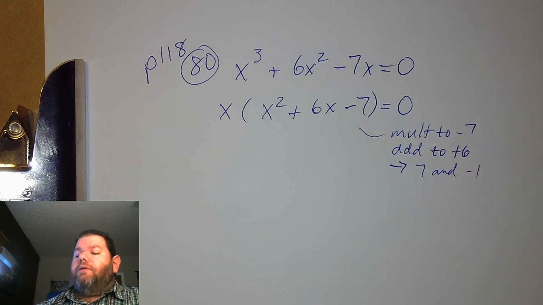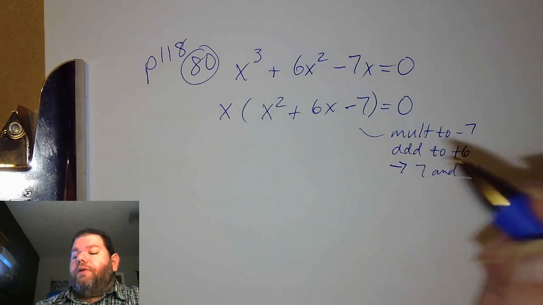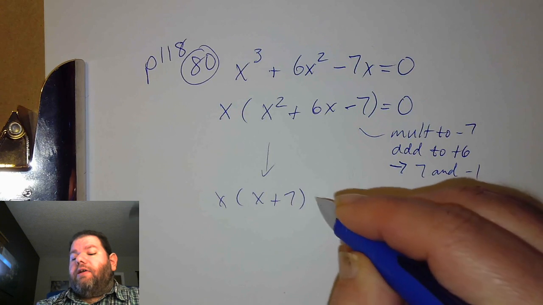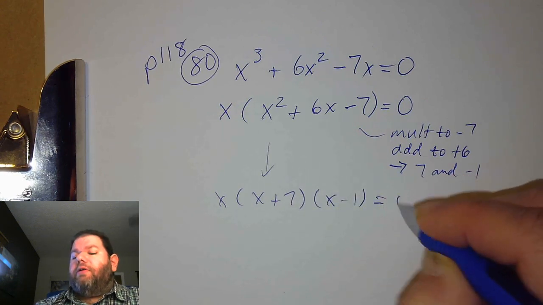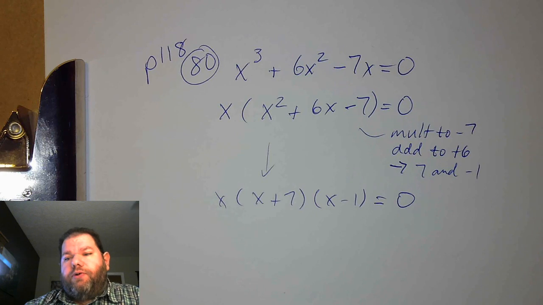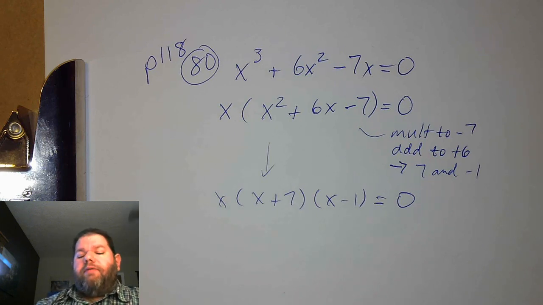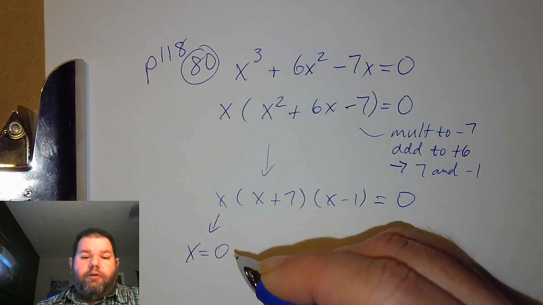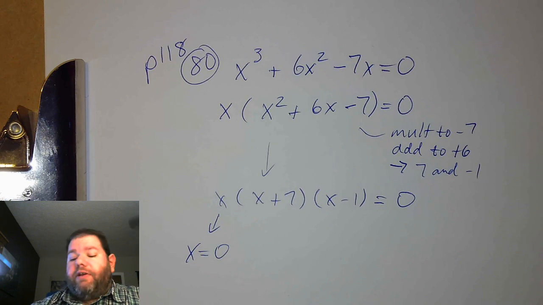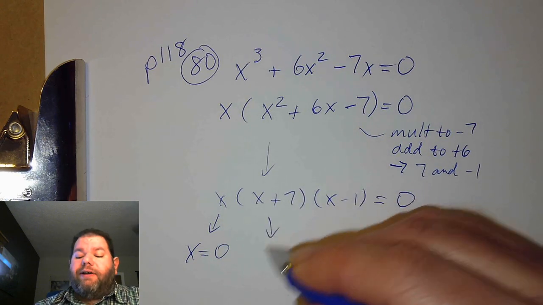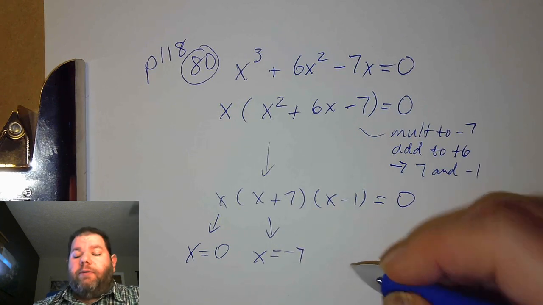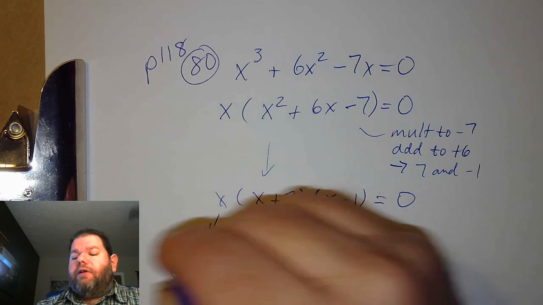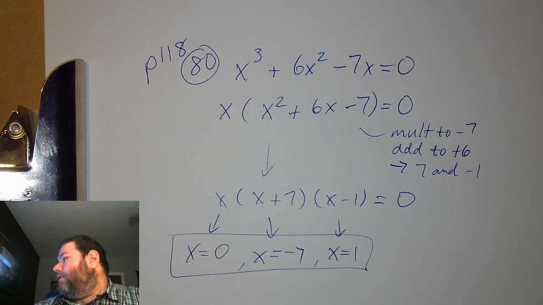Good. So we can then factor, so we have x already, x plus 7 and x minus 1. Now one thing that we had said before, earlier in this chapter, is that if we have an x factored out, that basically gives us x equals 0 as one of our solutions. We can then get the other two from our factorization, which is x equals negative 7 and x equals 1. And so that right there is our three solutions to this problem.